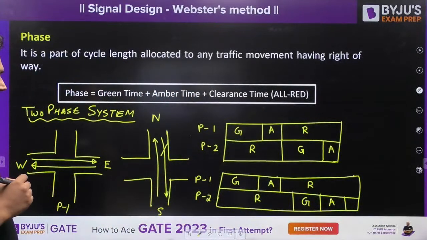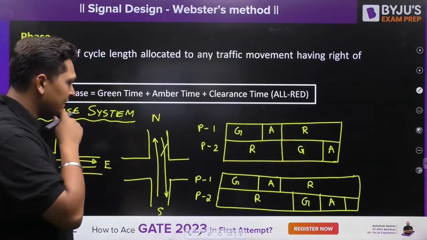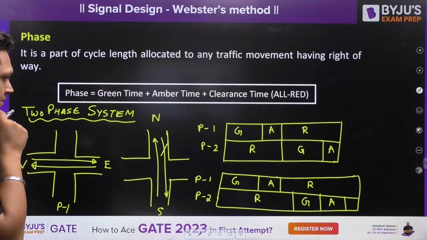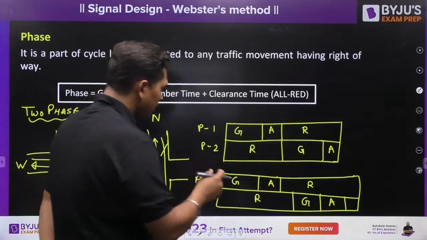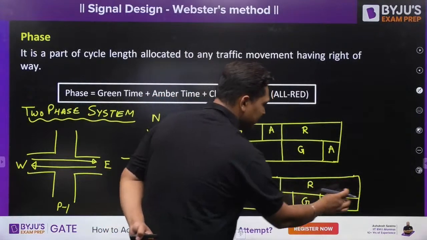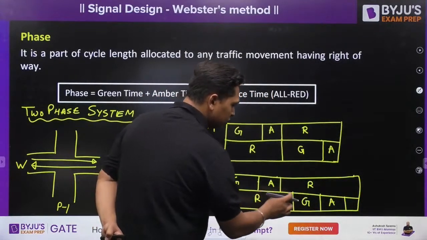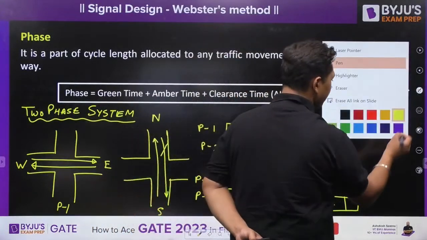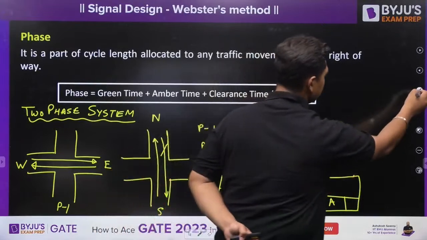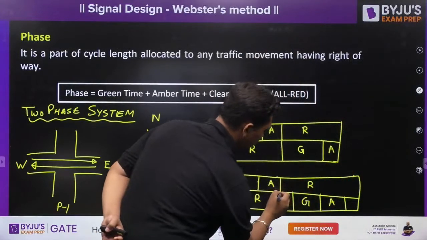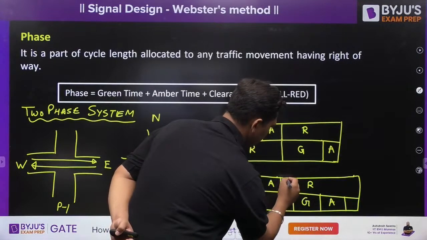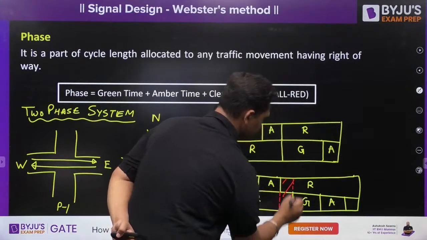Now look over here, what happened. This is green time, this is amber time, and after amber time this lane is also red and this phase is also red. So this portion over here is all red.